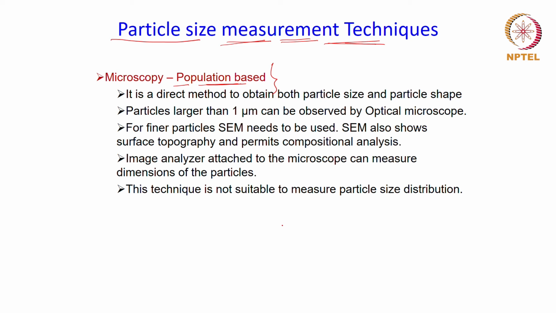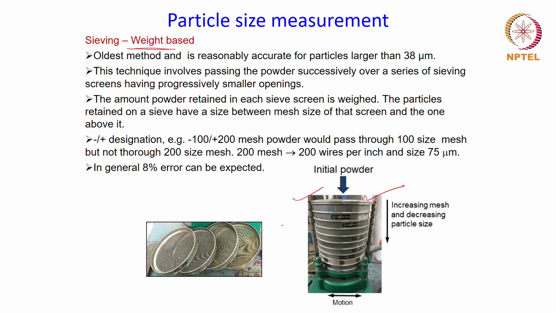And in the previous two classes, we have seen two examples of that. One was this microscopy based technique which is population based, and the other one was this screen or sieving technique which is weight based. Okay.